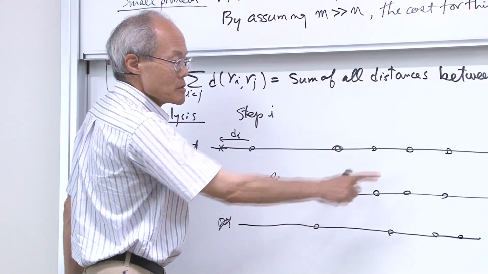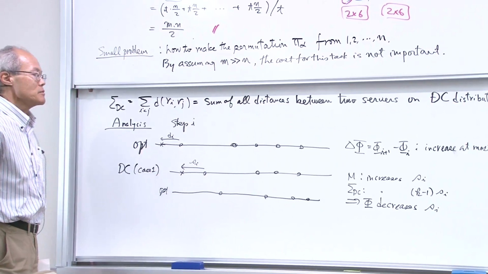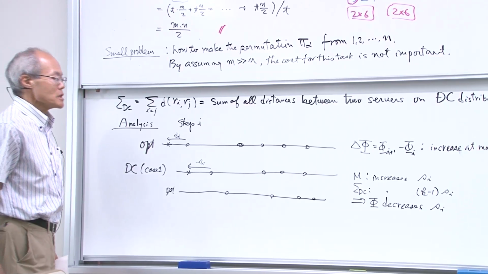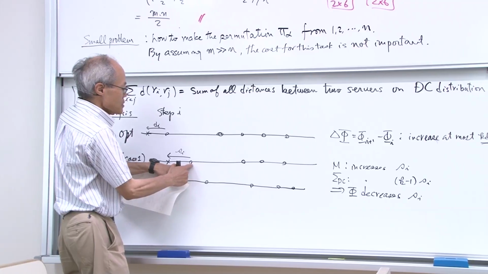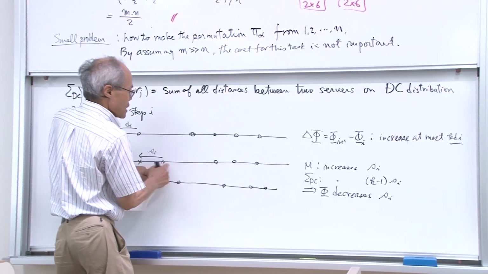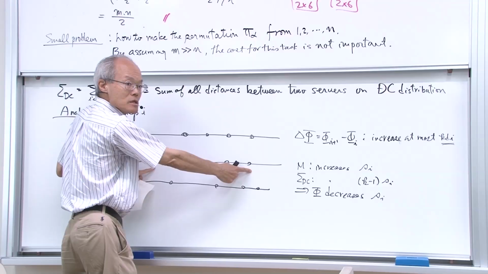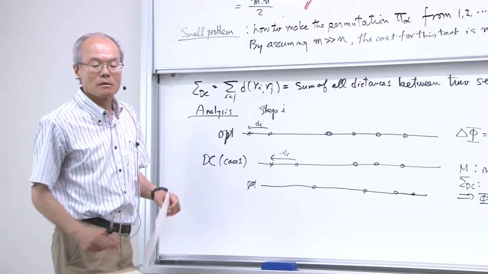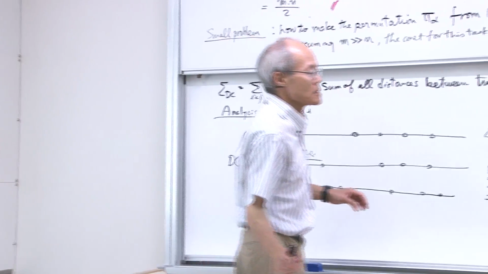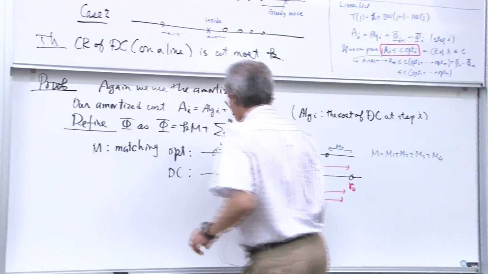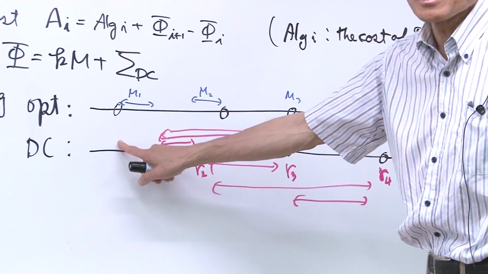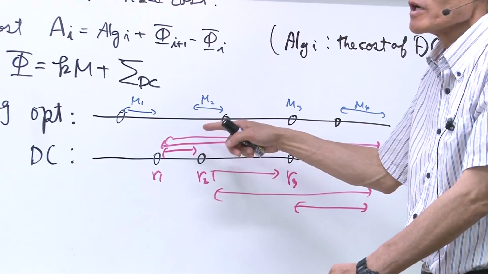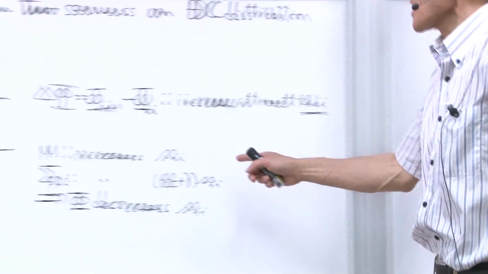What is sigma DC? Sigma DC increases, the distance of this and this increases by s_i. That means it increases by (k minus 1) s_i, right? This guy moves by s_i, then all those three costs increase by s_i. So it increases by (k minus 1) s_i.